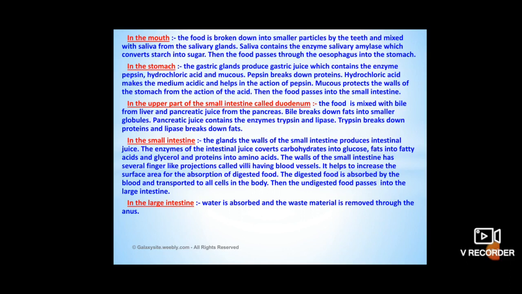In the same way, children, this mucus enzyme creates a wall on the interior of the stomach and helps prevent the action of acid in the stomach. That's why the stomach escapes from the hydrochloric acid activity.